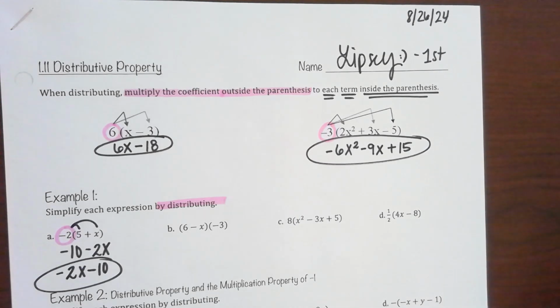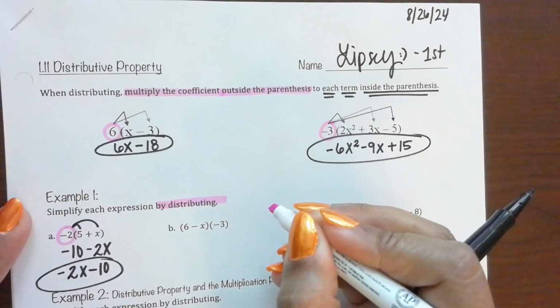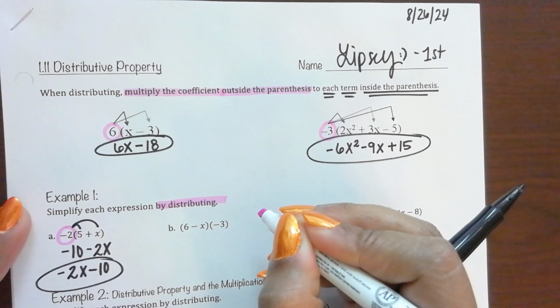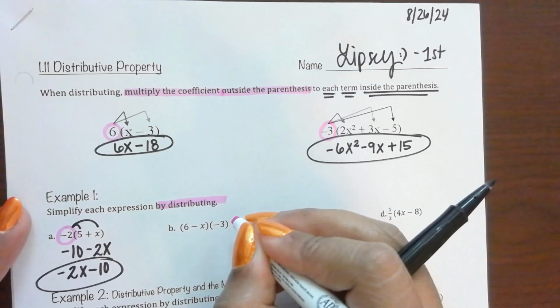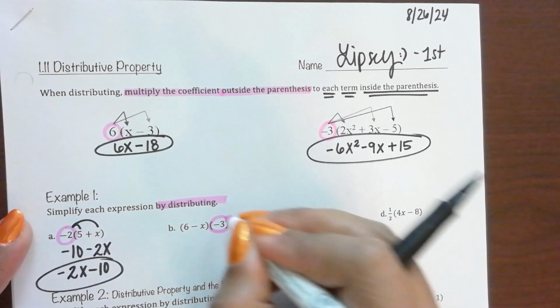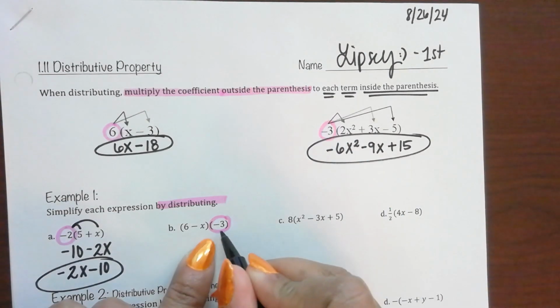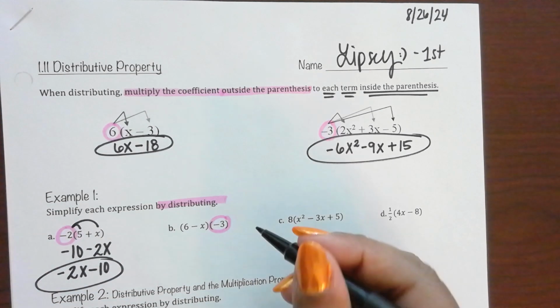The order does not matter. What's being distributed in B? Negative 3. Notice what I said at the beginning. The order does not matter. If they put it in the back, is that still a singular number being distributed? Yeah. So the rules are still the same.